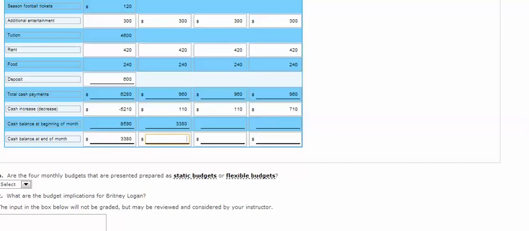plus 110, so that'll be $3,490, which carries over to the next month, $3,490, and I add 110 to that, and that's going to give me $3,600, and that'll be my beginning balance, $3,600, and I'm going to add the 710 to the 3,600, and that looks like it's going to be 4,310.